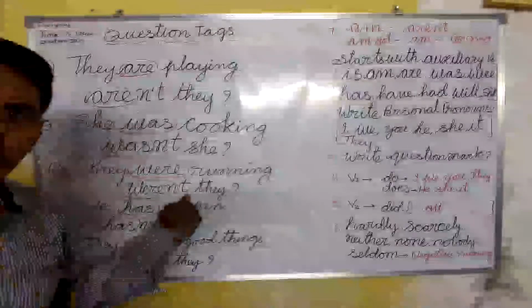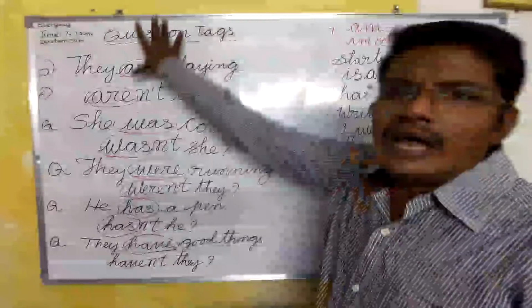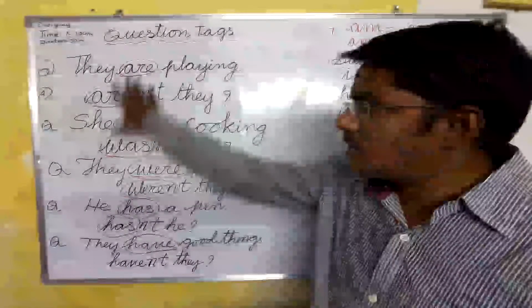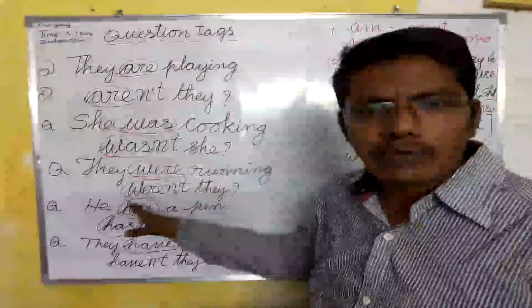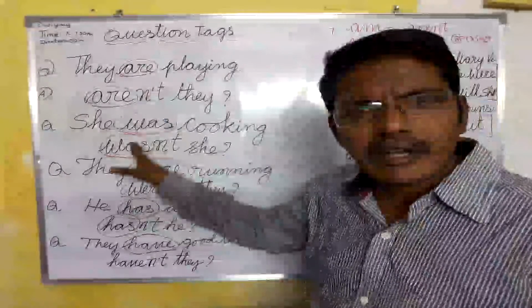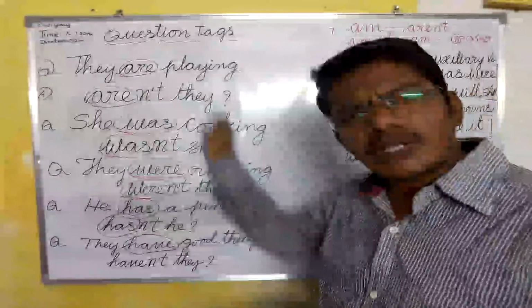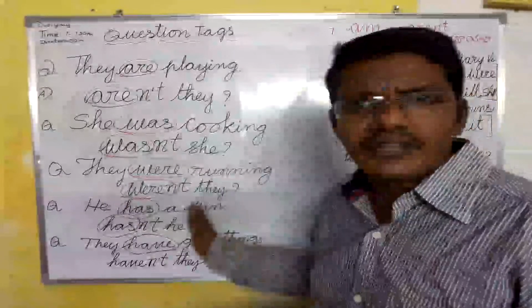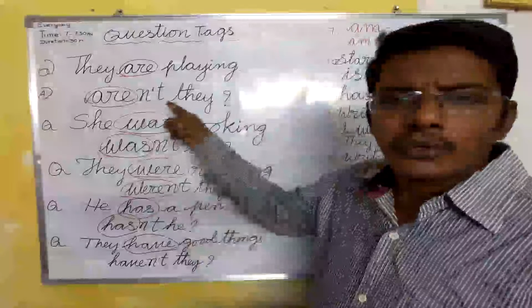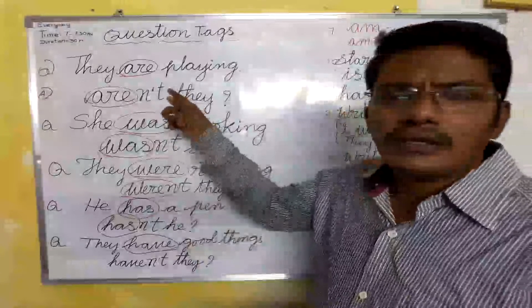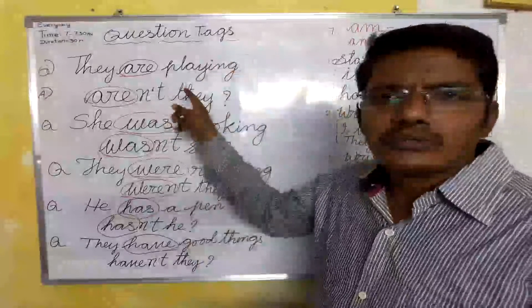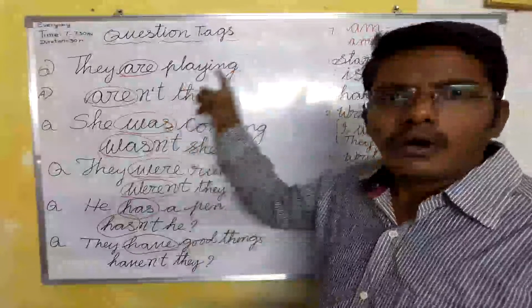Is it clear? Okay, now I'm going to teach you another model, without helping verbs. If you observe auxiliary verbs, the answer starts with the auxiliary verb. It's very simple. Now we can see sentences without auxiliary verbs.